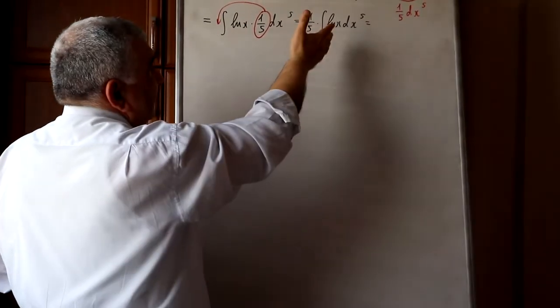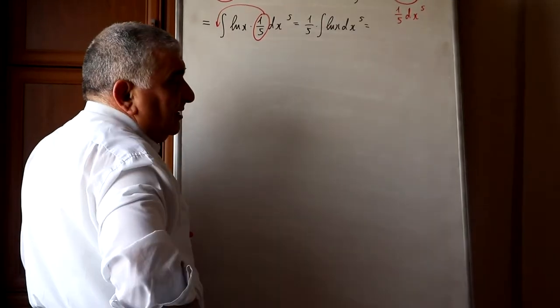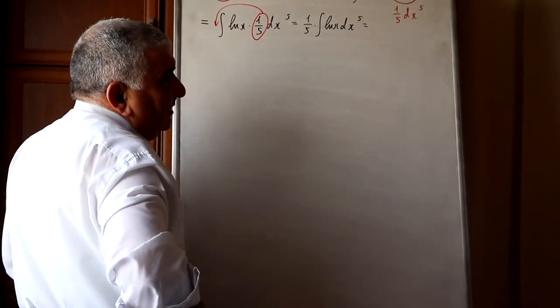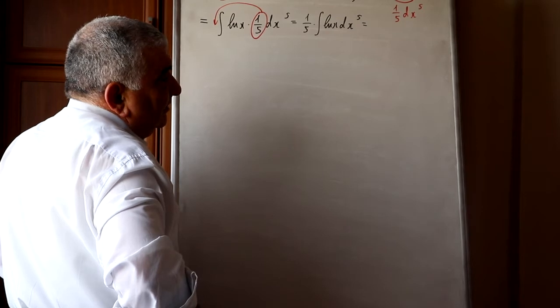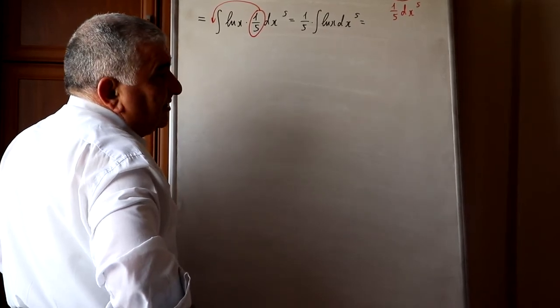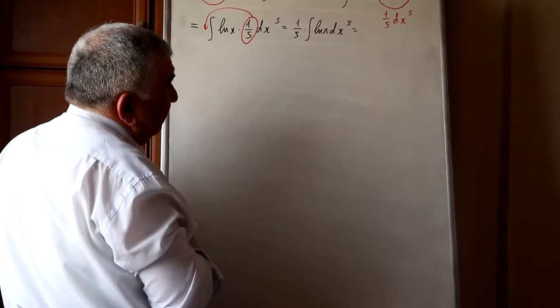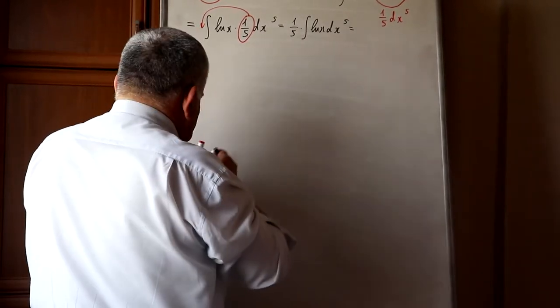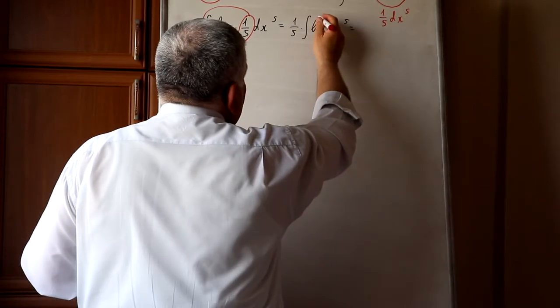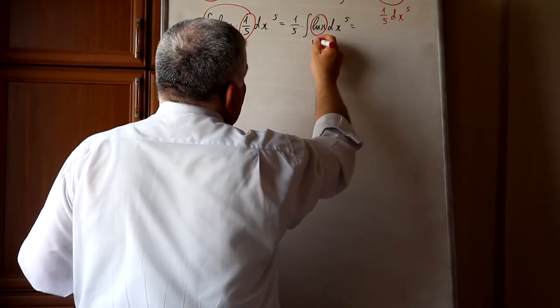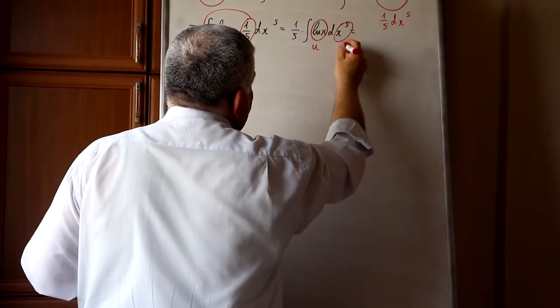Already the last integral is ready for the application of the integration by parts rule. Let natural log of x be u and x to 5 be v.